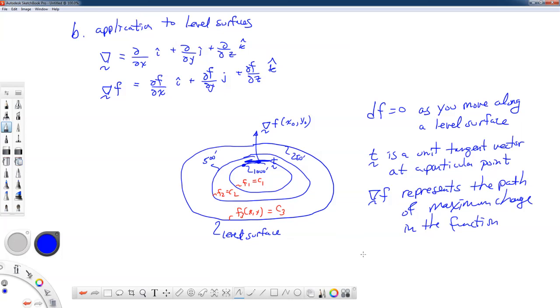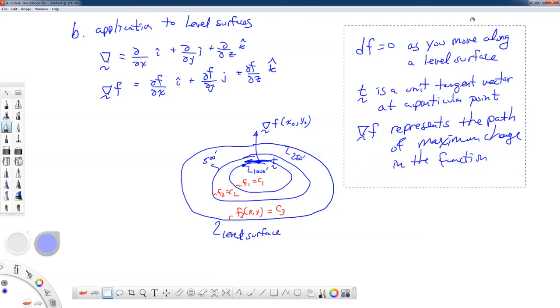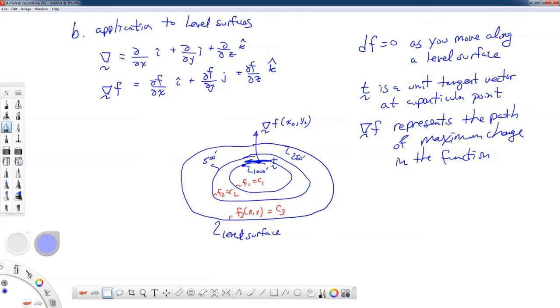Now, I may have to scoot this up just a little bit to make a little bit more room. Since df is equal to 0, so would df by ds. And then that tangent vector dotted with the gradient would also be equal to 0. And so the tangent vector and the gradient of the function at that point are going to be perpendicular to each other.